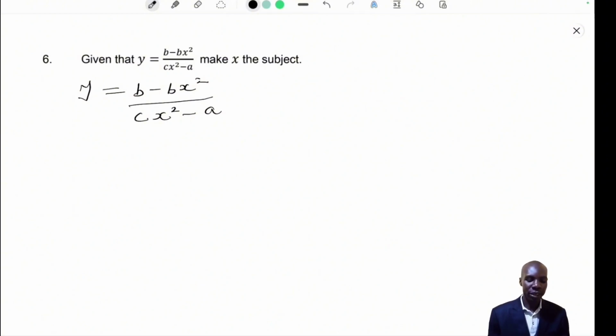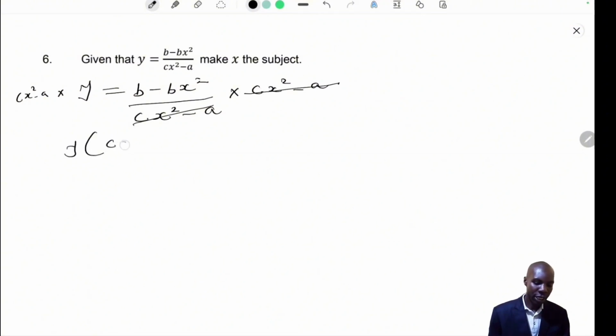How do we do away with the denominator? We cross multiply both sides by cx squared minus a. So all of this cancels with this. So we'll have y in bracket cx squared minus a should equal b minus bx squared.